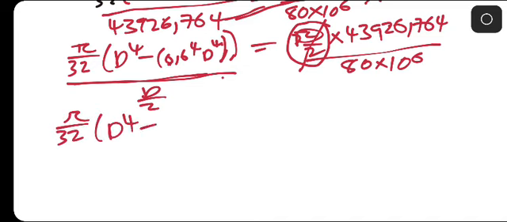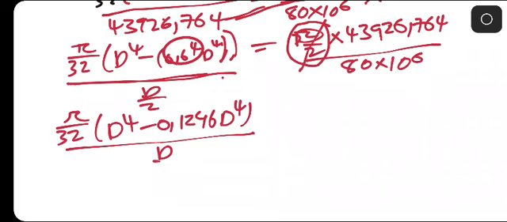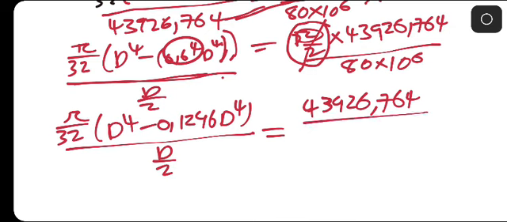Then punch this, will be 0.1296, right, d raised to the power 4 into d over 2 is equal to 43926,764 all over 80 times 10 to the power of 6.